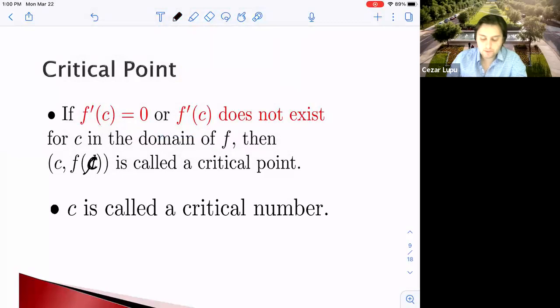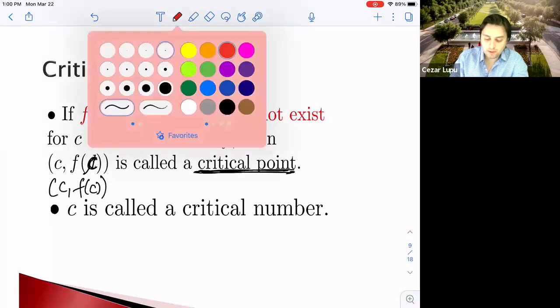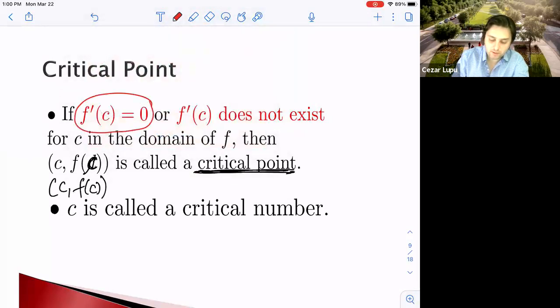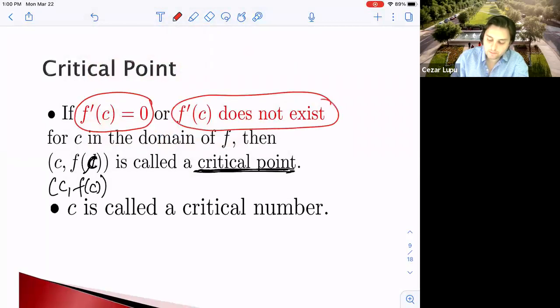That's what we call a critical point. So once again, they must obey this: either the derivative is 0 or the derivative does not exist. And this number c, for which the derivative equals 0, is what we call a critical number.